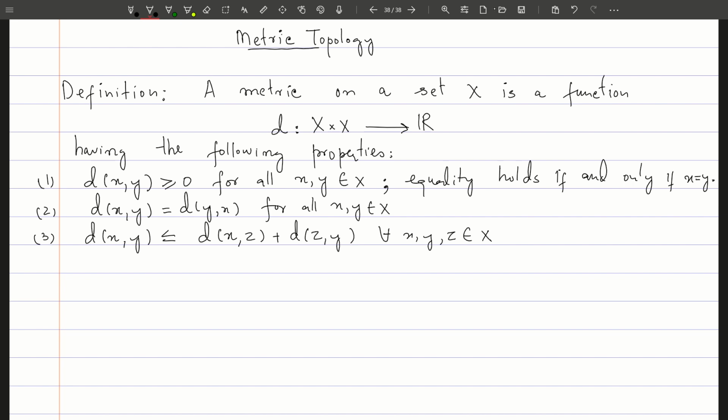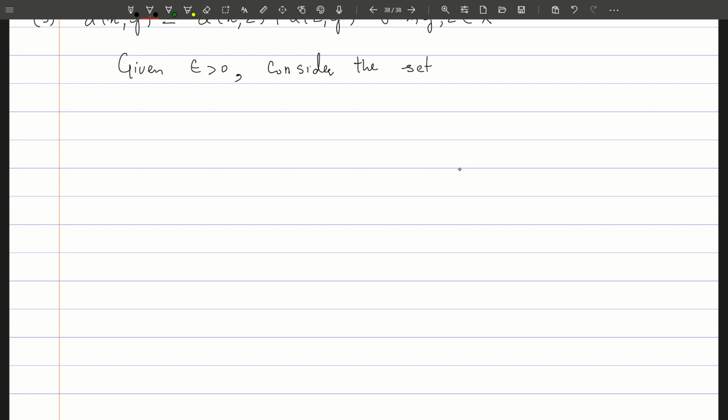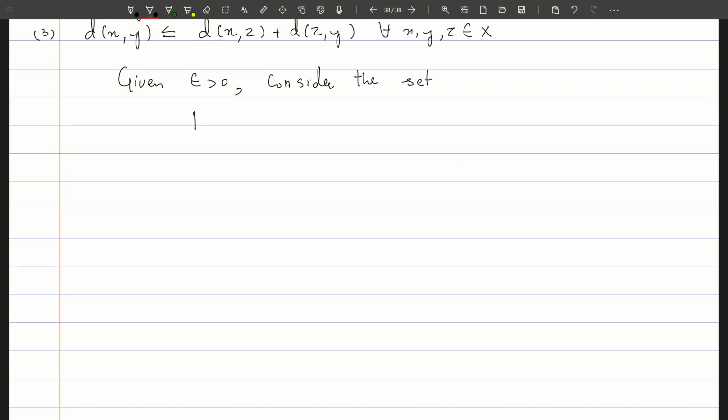Now suppose given any epsilon positive, so given any epsilon bigger than 0, consider the set B_d(x, epsilon), which is the set of all points y in X whose distance from x is strictly less than epsilon.